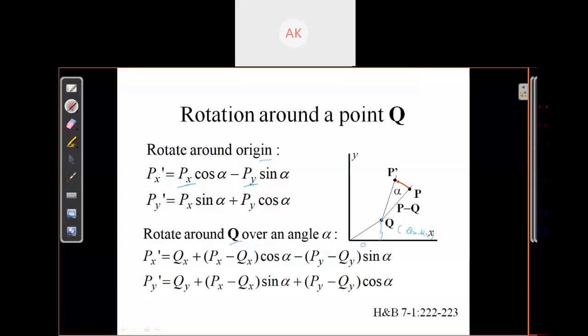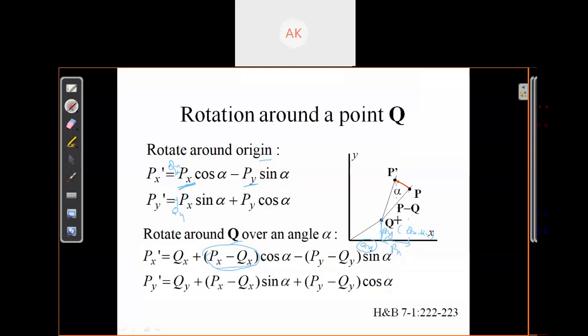This is your qx and this distance is your qy. You are adding qx into your x coordinate and qy into your y coordinate, and px is changing with this difference, px minus qx. This is your px and this is your qx; you subtract px minus qx and you get this term.